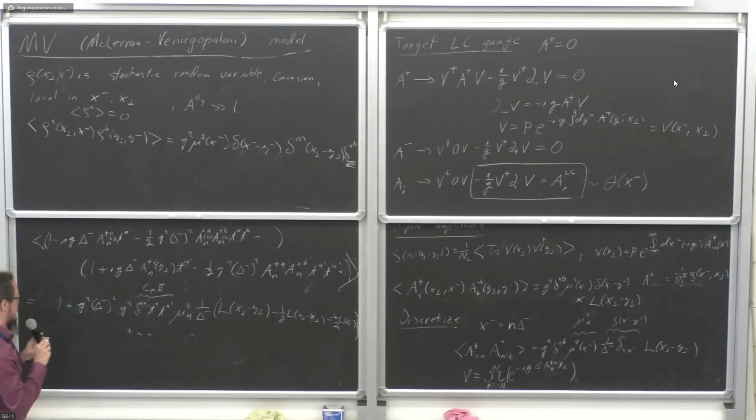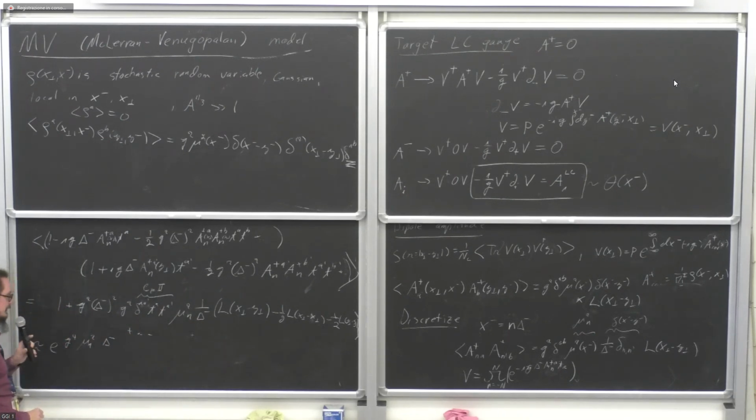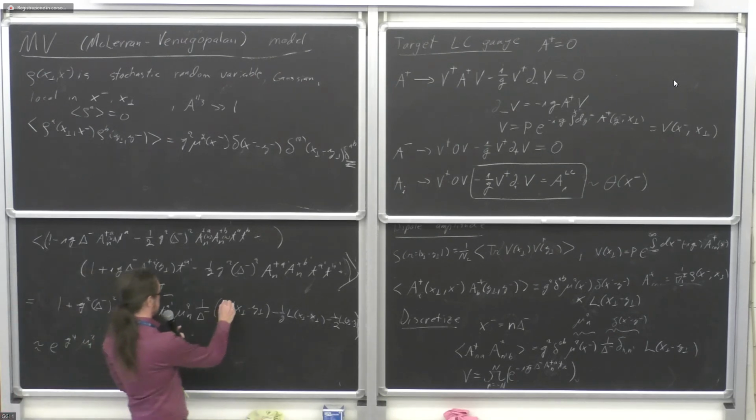And now that I've done this, I re-exponentiate. I write this as an exponential of g to the 4th, mu n squared, delta squared, delta minus squared, and 1 over delta minus. So one power of delta minus is here.